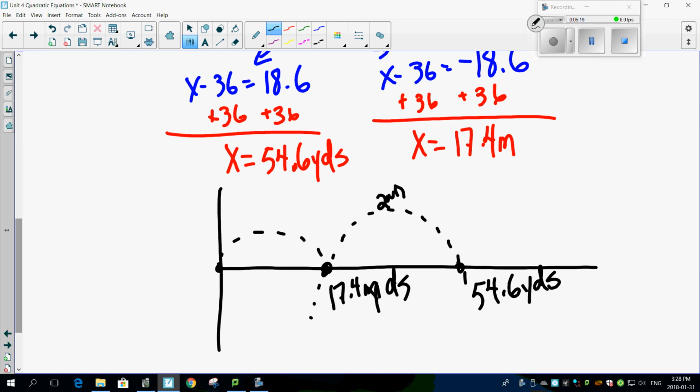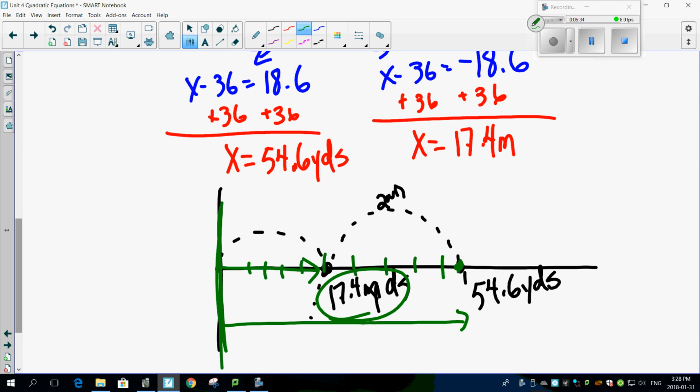Now, look, his first shot must have been 17.4. His second shot is always from the start. It's from here. That is measured from the starting point. So his total shots, including the first and second, his total is 54.6.